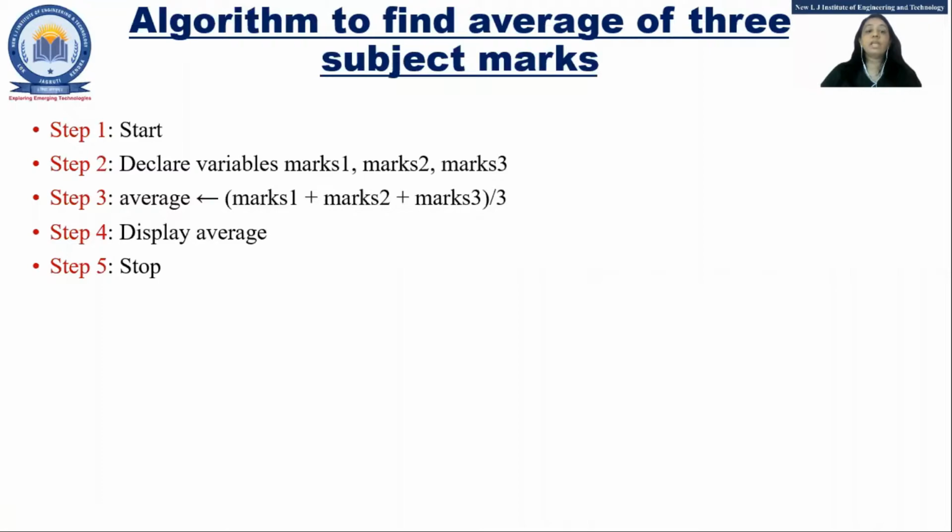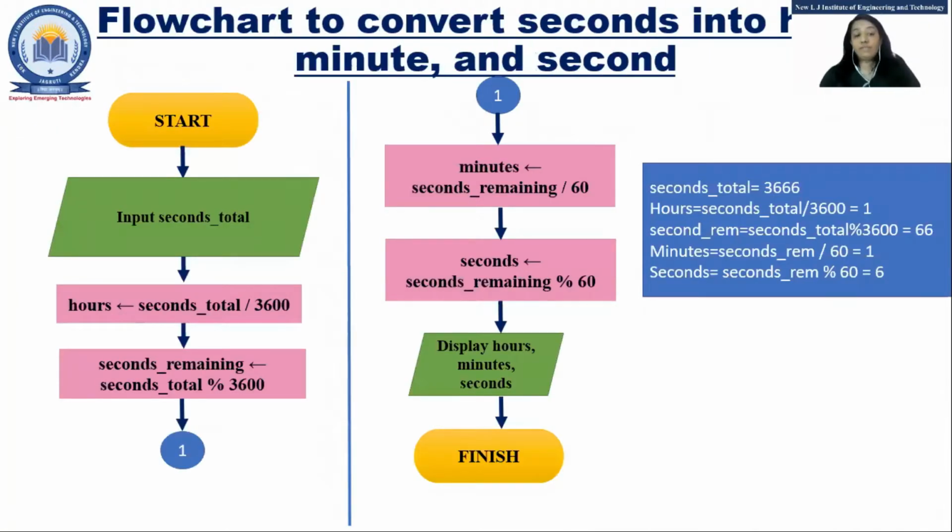Okay. Now, today, before moving to the decision making statement, we are going to see one more example of this, and that is to find out hour, minute, and second. You can see what happened. We will be having total seconds. First, you just concentrate on this part, and then we will move to the flow chart.